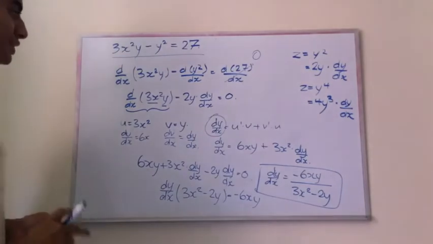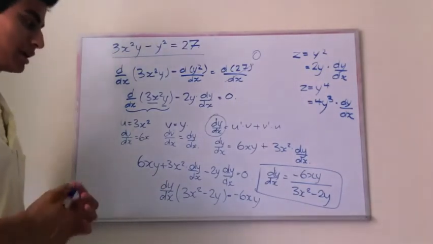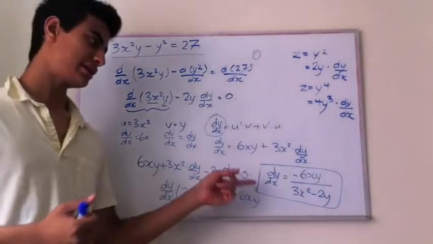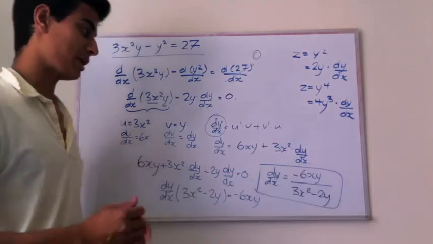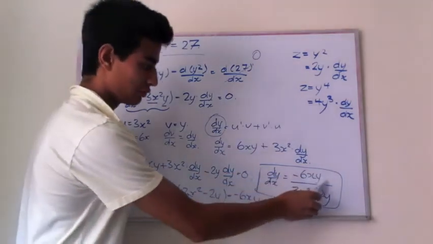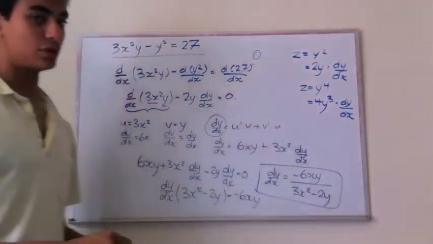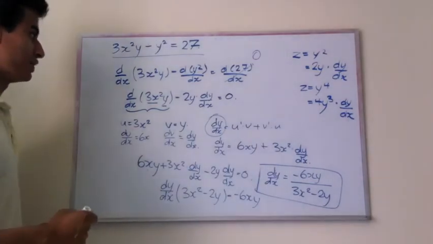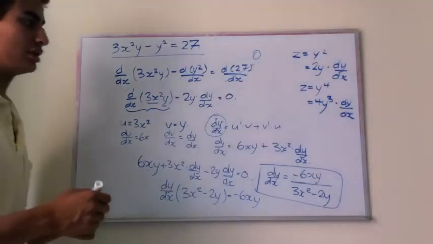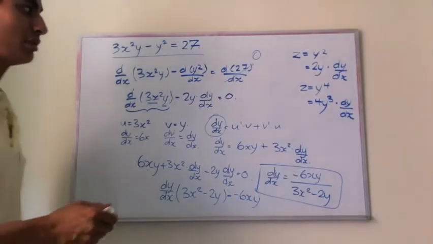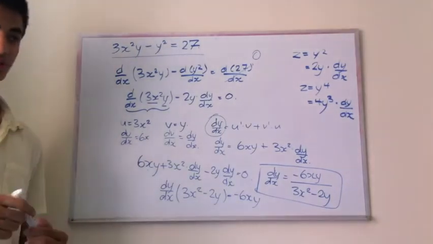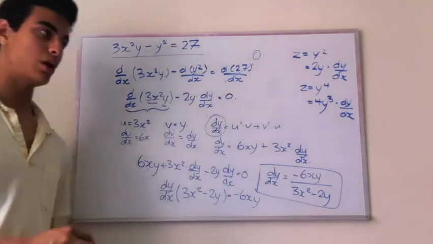So implicit differentiation can get complicated, and if you want to find the second derivative here, that is a real pain because you have to use the product rule here as well as the quotient rule. But in truth, if you want to differentiate just a simple term, all you have to do is differentiate y with respect to y.